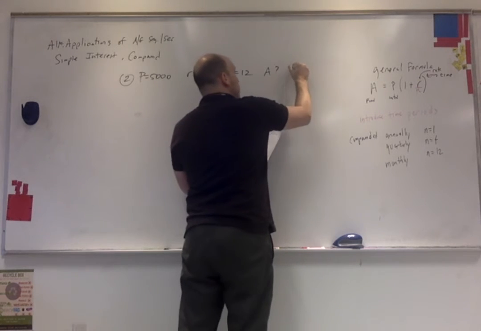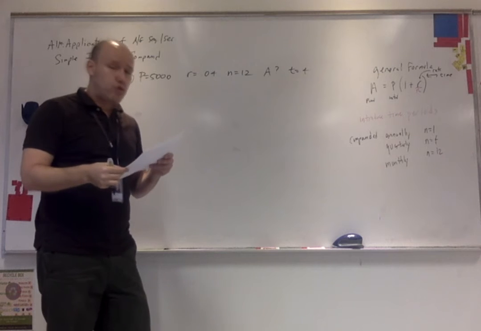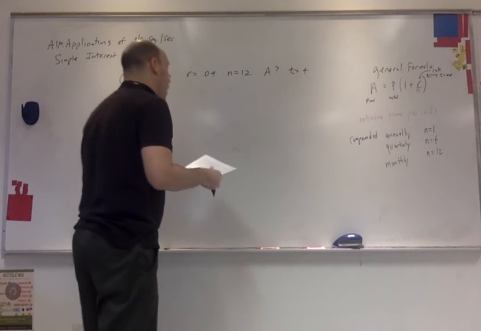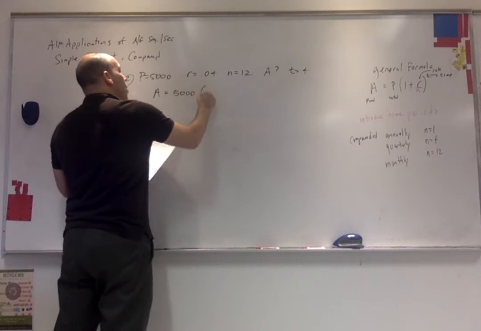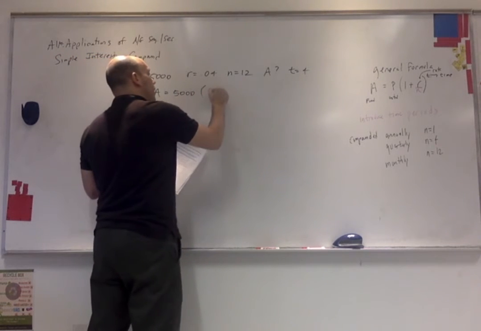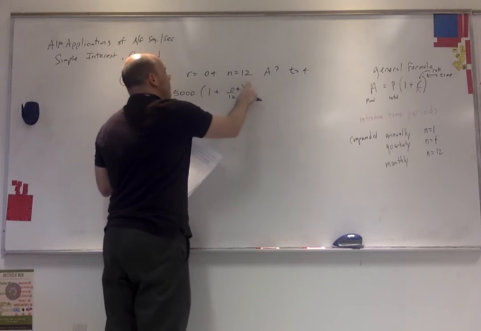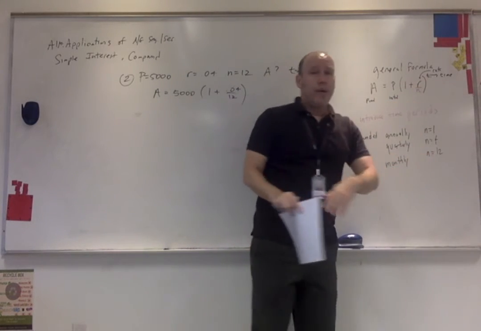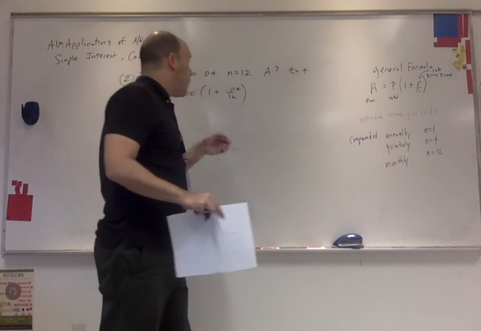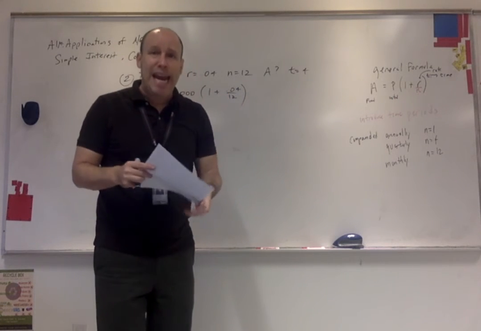After 4 years, T equals 4. If Habib does not deposit or withdraw any money. Okay. So we know that A equals 5,000, open parentheses, 1 plus 0.04 divided by 12. What's going on up here? Well, the formula says, if we're doing something 12 times a year over 4 years, we have it 48 times.